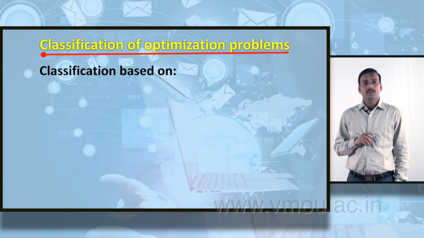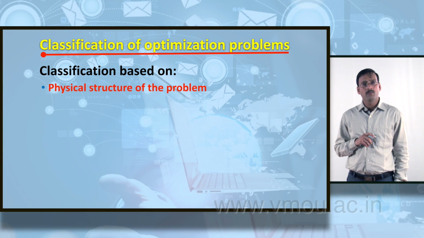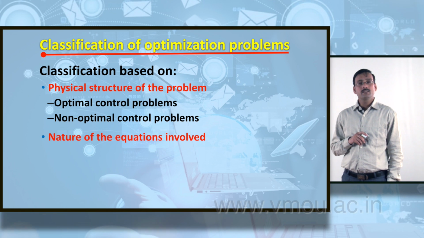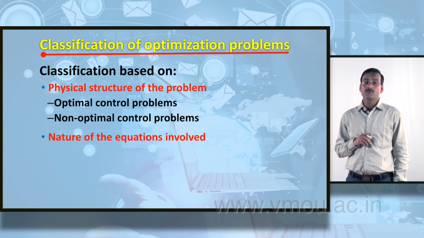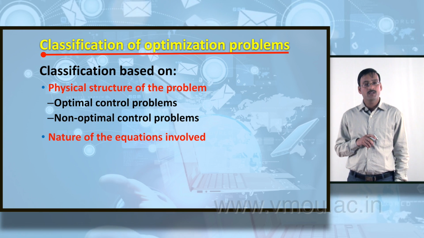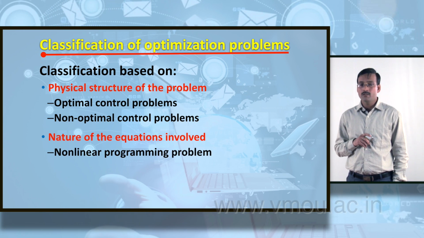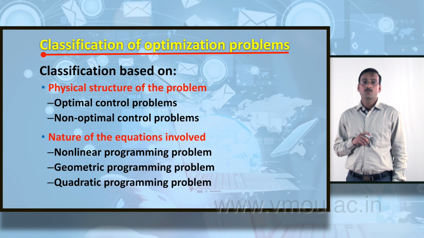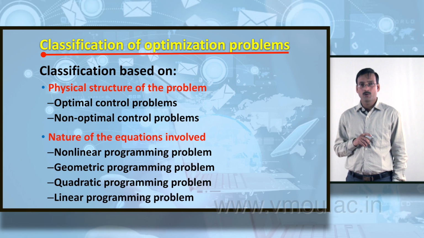If you consider the physical structure of the problem, then the problems can be classified into two parts: optimal control problem and non-optimal control problem. If you consider the nature of the equations involved in the optimization problem, then the optimization problems can be classified into four parts: nonlinear programming problem as mentioned earlier, geometric programming problem, quadratic programming problem and linear programming problem.